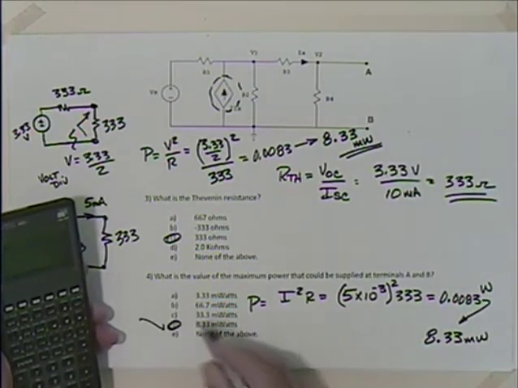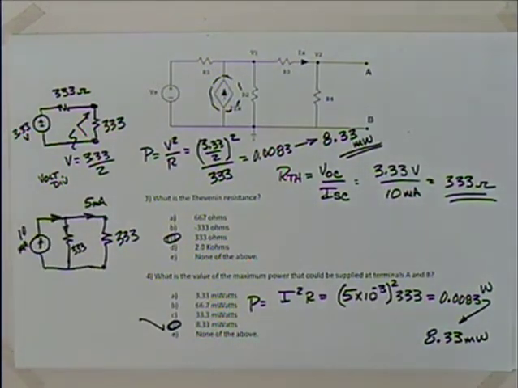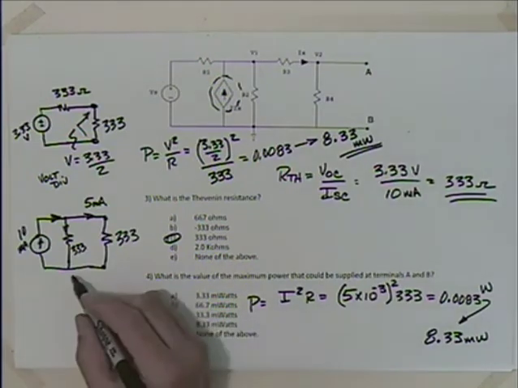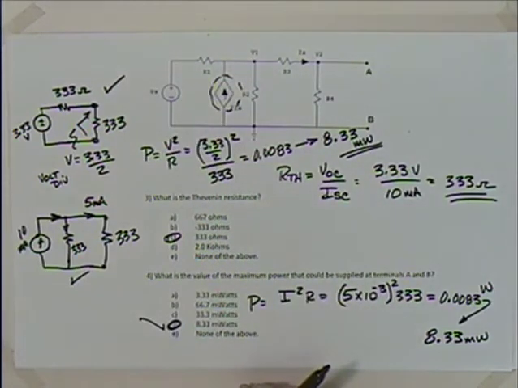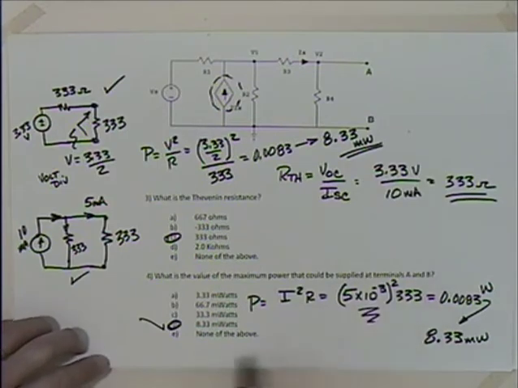So same answer. Good. So lots of different ways. Like I said, I did it with the Norton model in the solutions. You can do it with the Thevenin model. Probably the biggest stumbling block here is the units. Be really careful of your units as you go through this.